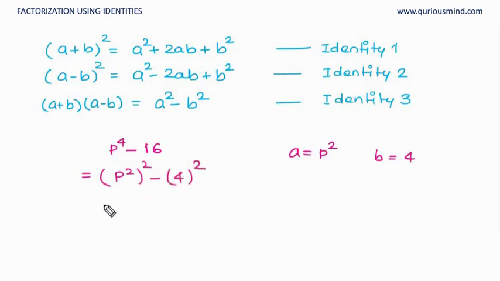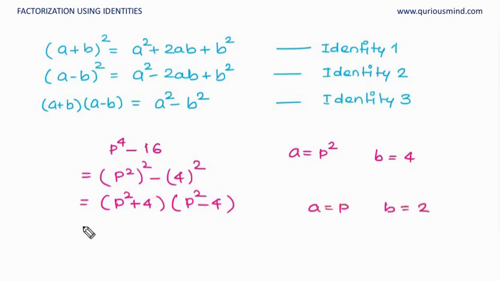This is A, this is B. A plus B: P square plus 4. A minus B: P square minus 4. If we see here, P square minus 4 is again in the same format, square of one number minus square of other number. Here A is P and B is 2.